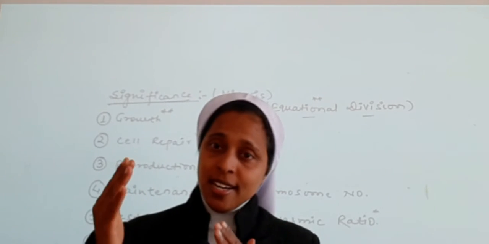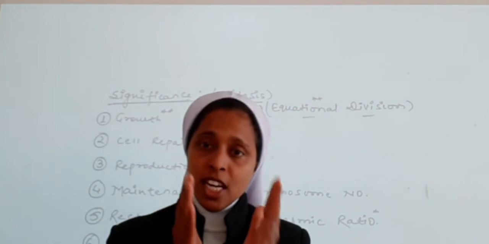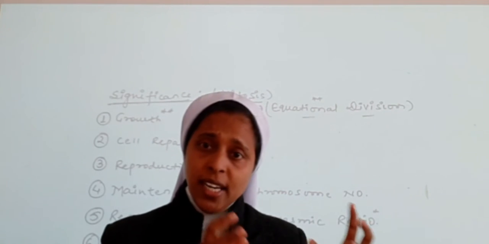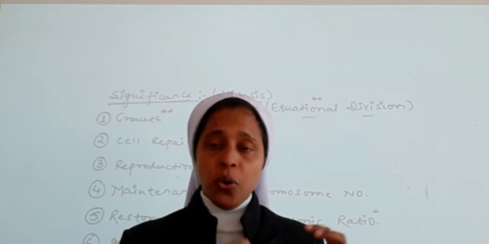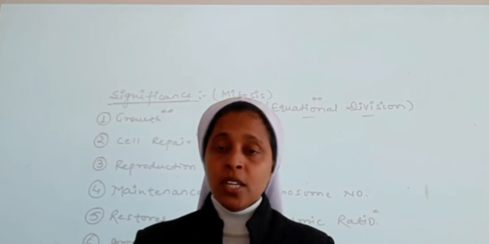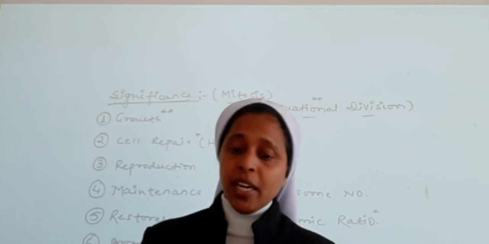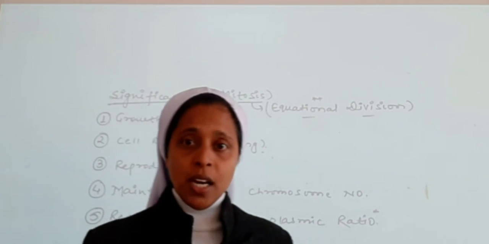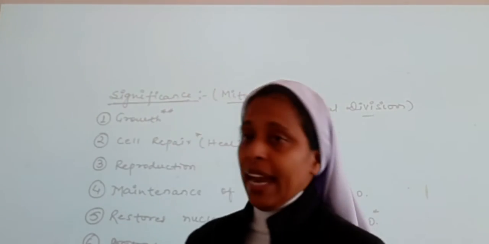So if the size is increased, then what happens? The ratio will be decreased. So इसको सही लेवल पे लाने के लिए मैकेनिज्म हो रहे हैं. सो न्यूक्लियोसाइटोप्लाज्मिक रेशियो के लिए ये डिवीजन चलते हैं माइटोसिस में. अंडरस्टूड? So next is cancer.